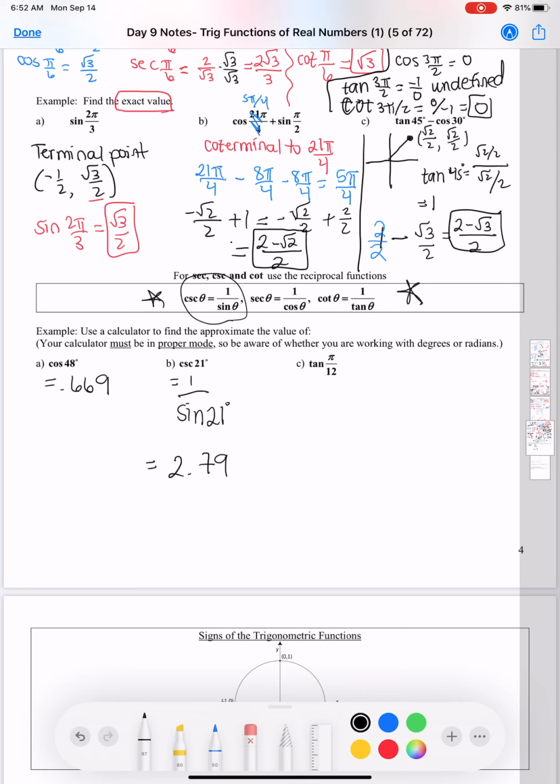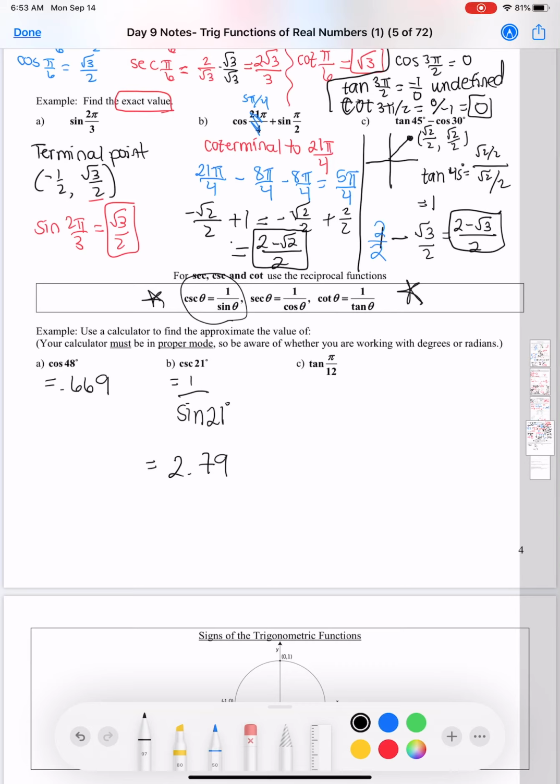All right, and then lastly, that is tangent. That is in radians though, so I need to change my mode on my calculator to radian. Tangent we have on our calculator, so tangent, and then I'm going to type in pi.